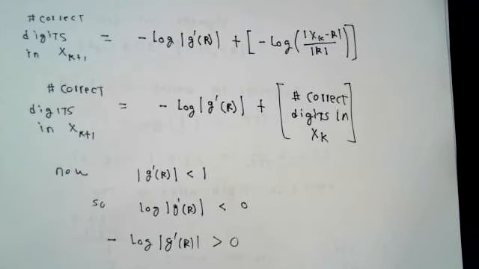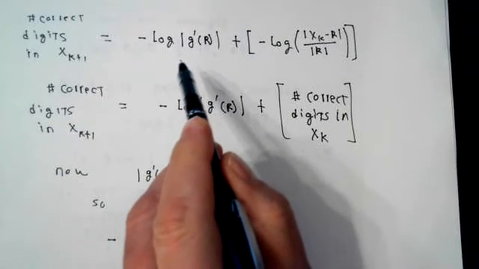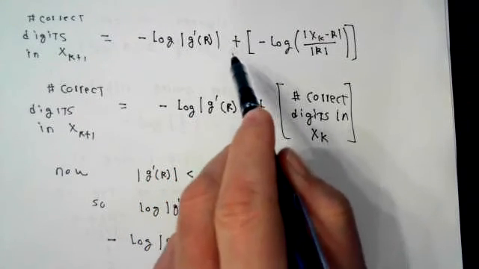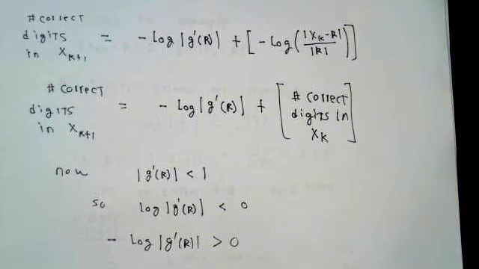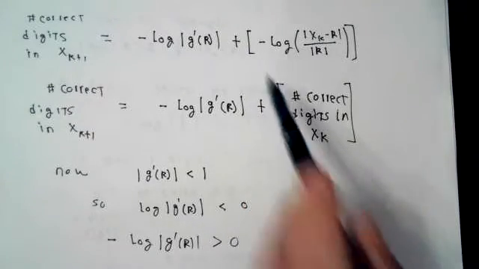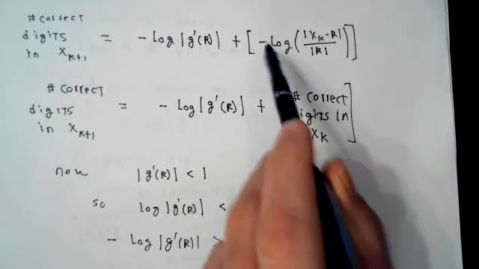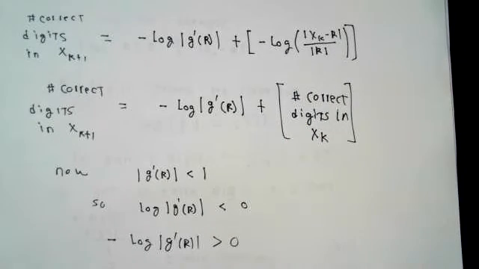So the number of correct digits in x number k plus 1 is the negative of the logarithm of absolute value of g prime of r plus, and I've written this in the format that I have because it means something to me. I could have just said minus the logarithm of all of this stuff, but I prefer to write it as plus the negative of the logarithm of all of this stuff.